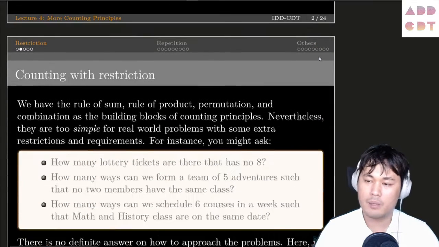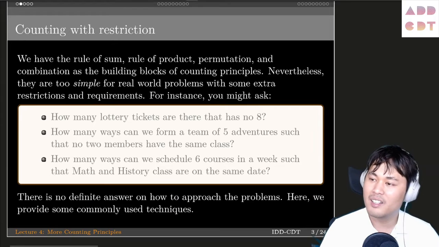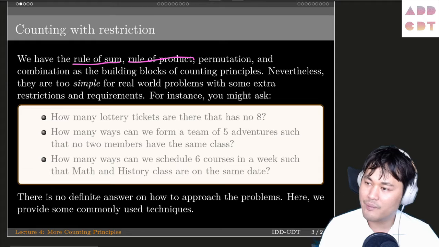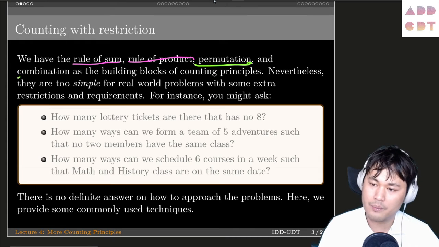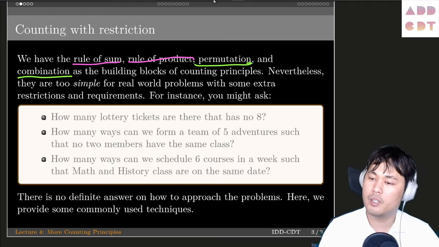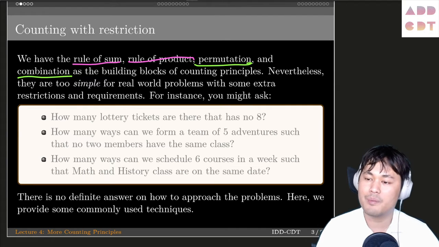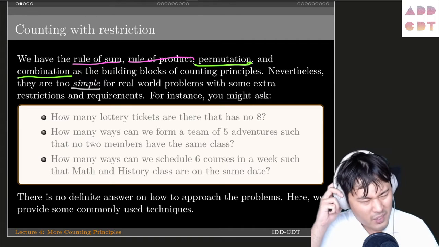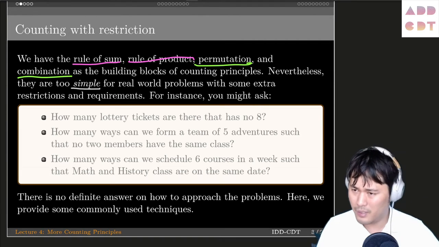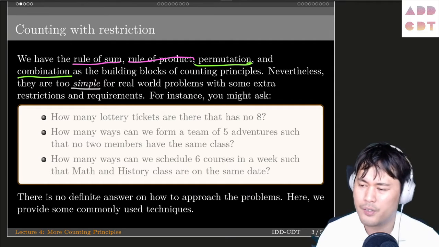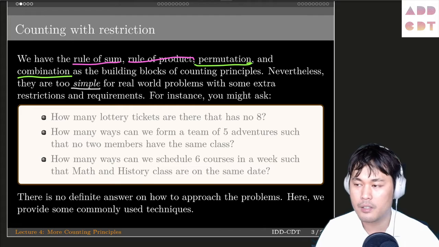In real world problems, we can use the rule of sum, rule of product, permutation, and combination. They serve as the building blocks for the basic counting principles, but they are too simple, in the sense that we assume that everything is different and everything is easy to count. But in the real world, we have some extra requirements or extra conditions imposed on the problem.